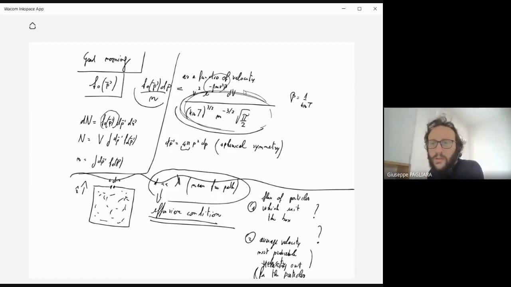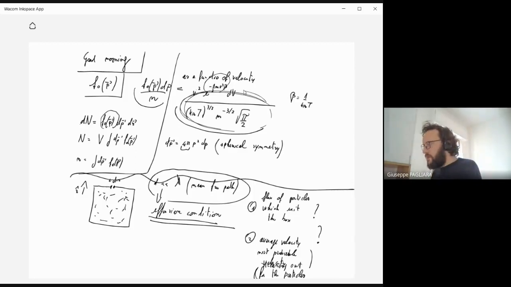Those are the two questions we will try to answer by using the distribution function that we found last time, which you already know: the Maxwell-Boltzmann distribution function.